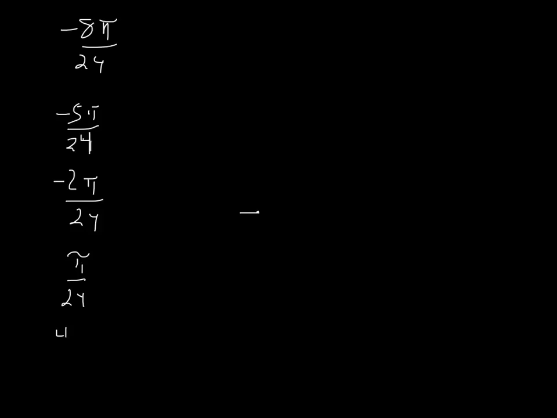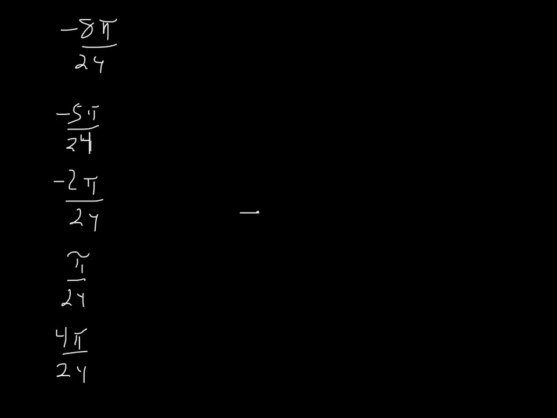Alright, so we have negative 8 pi over 24. We add 3 pi, we get negative 5 pi over 24. We add 3 pi, negative 2 pi over 24. And then positive pi over 24 and 4 pi over 24.